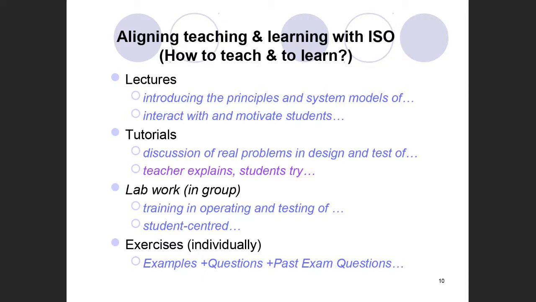Lastly, we have the exercise. We have very detailed examples and past exam questions. The exercise is already posted on Blackboard, and you can download the books to read in advance.